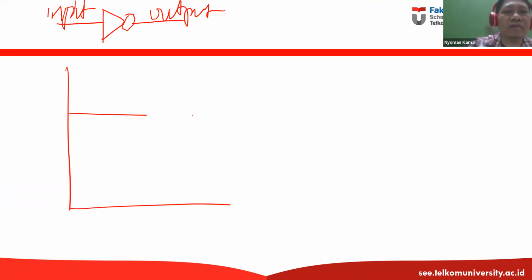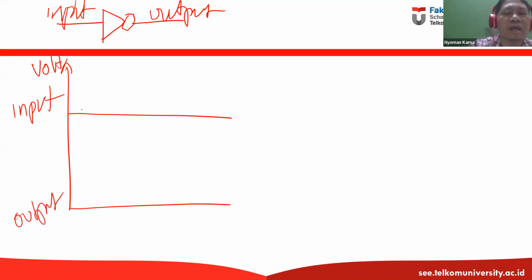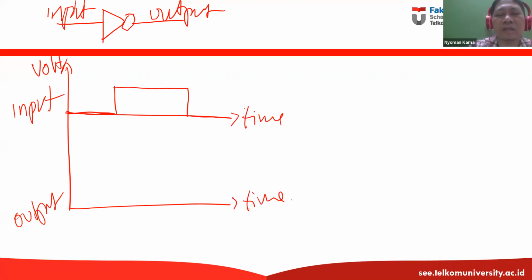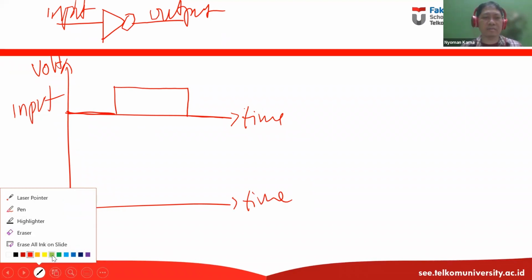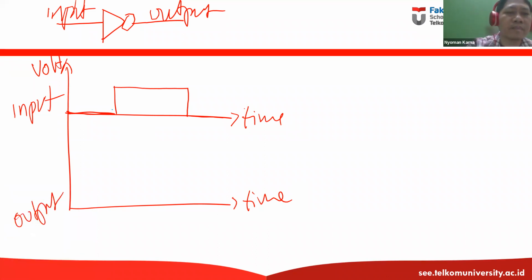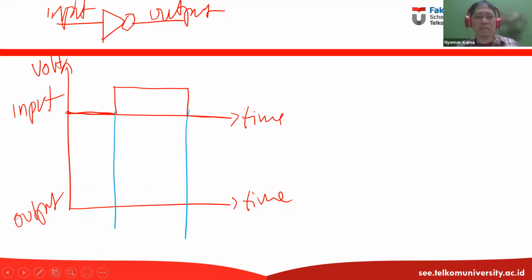So what happens if we have the input? This is the signal for input and this is the signal for output. If the input is something like this. This is also time, and this is also time. Then what will be the output signal?